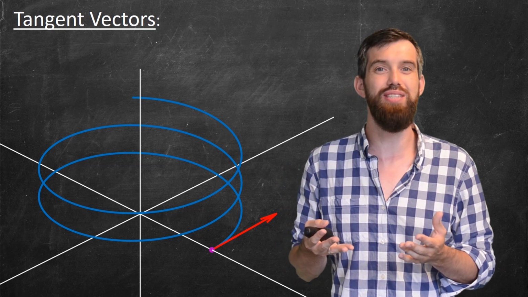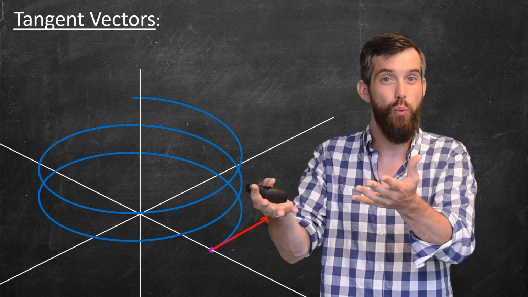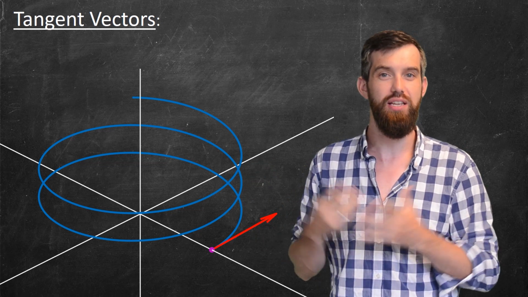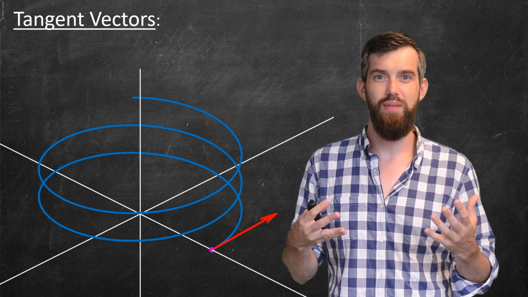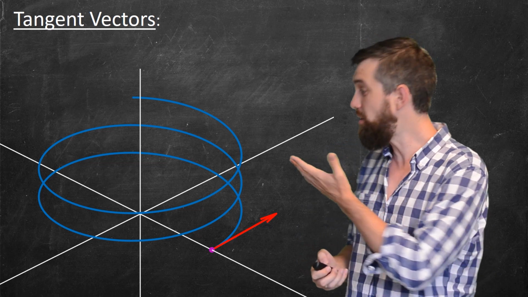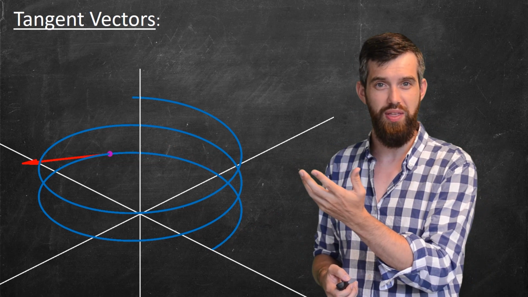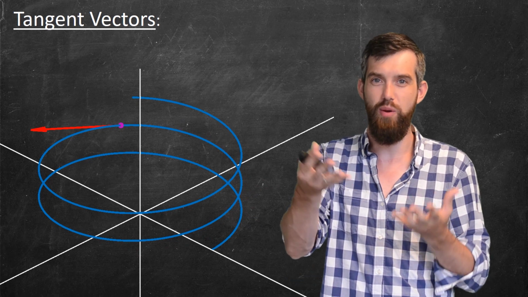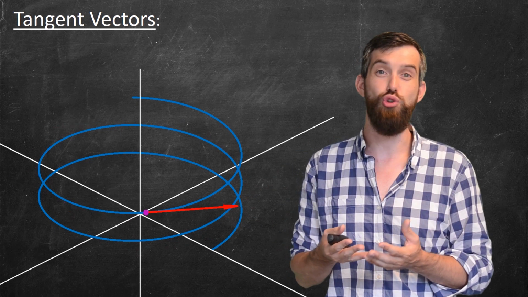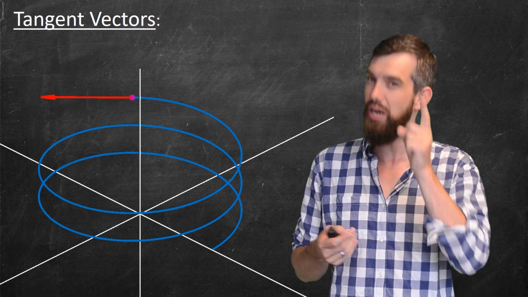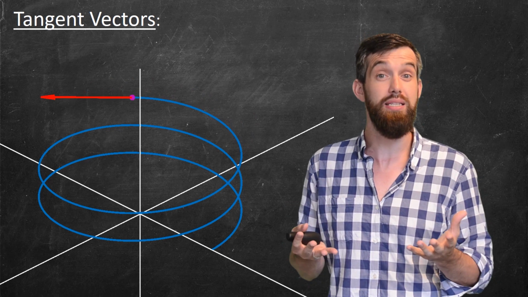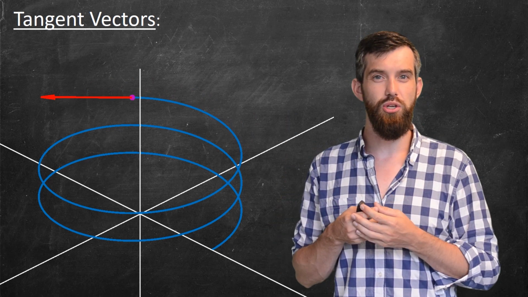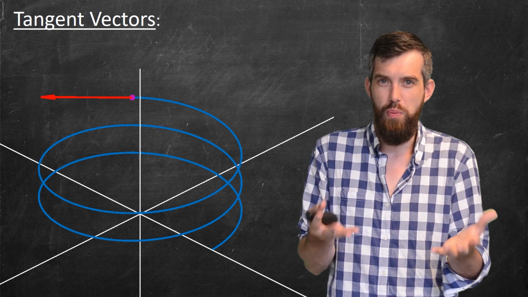It's the analog of what the slope was when we were talking about just graphs in 2 dimensions. Indeed, if I then allow my t to increase, my point goes around the helix, but so does the tangent vector, always pointing in the direction where my curve appears to be going. It goes around and around the circle, and it's always pointing just a little bit up because my helix is indeed increasing. So that's visually what I'm hoping for in a tangent vector.